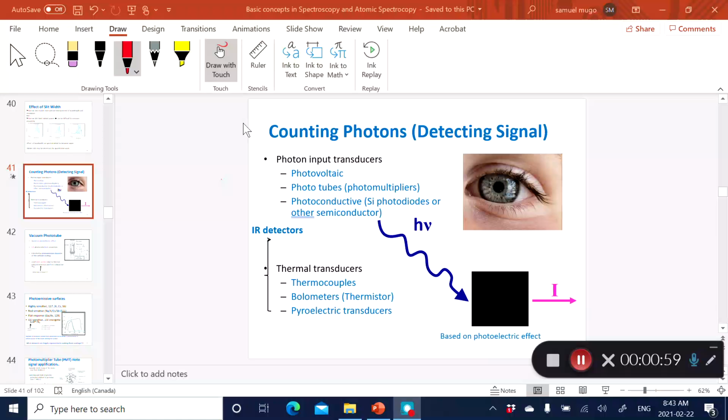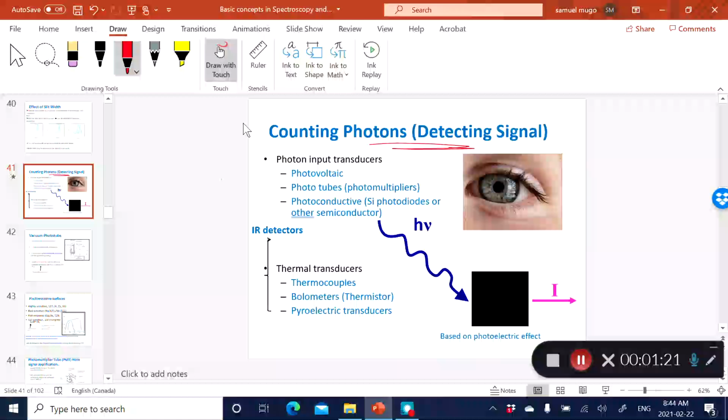And I think we talked about the light sources before. We also talked about different types of monochromator components. And today, we're going to talk about different types of detectors. Now, of course, as you would imagine, the detector is possibly the most important component, because it's the one that's converting the light into an electronic component.